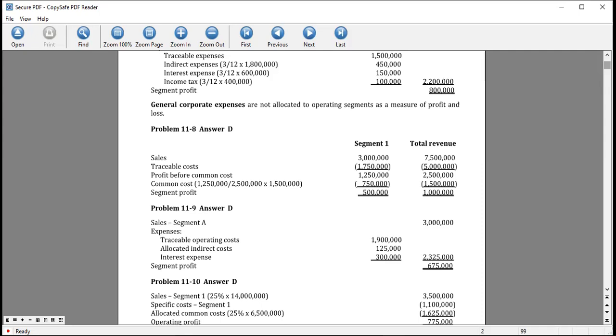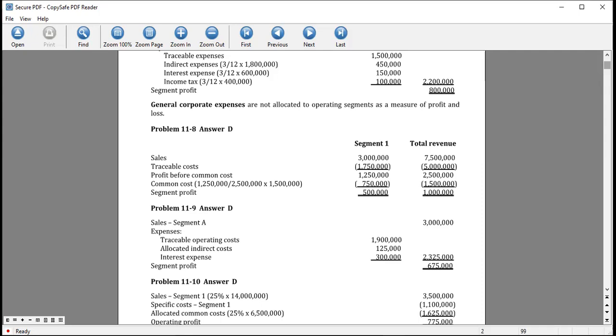So let's repeat the determination of the answer. Segment 1, sales of 3 million. The traceable cost is 1,750,000. Then we have profit before common cost 1,250,000. That of the other column is 1,250,000. So we have now 1 million segment profit.